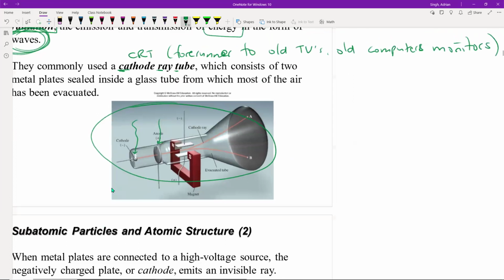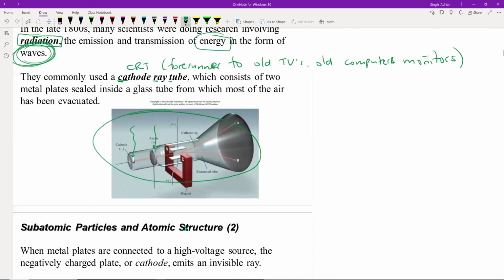What they found is that when those plates are connected to a high voltage, these are the leads here, one of these plates, for instance this plate down here, which is called a cathode, emits, or gives off, an invisible ray.